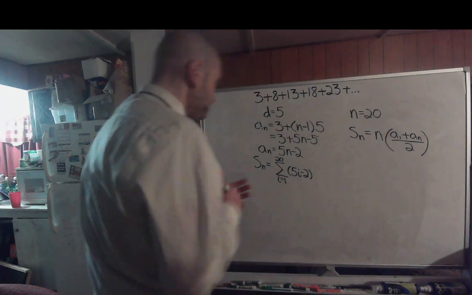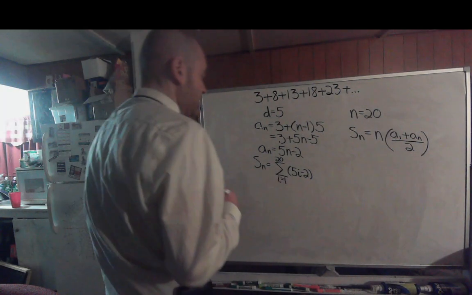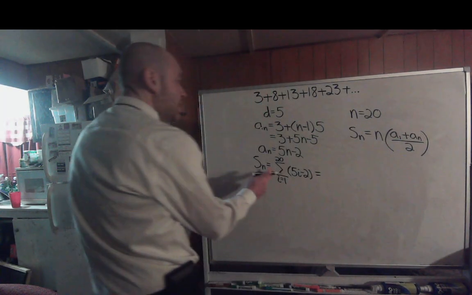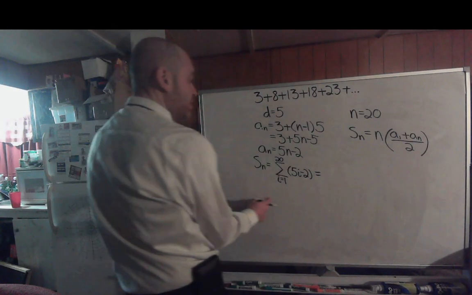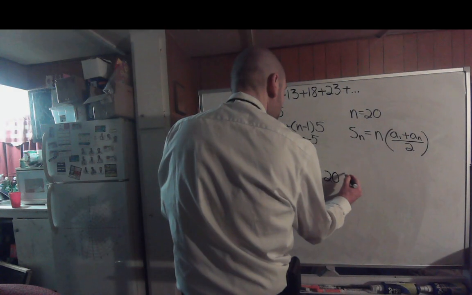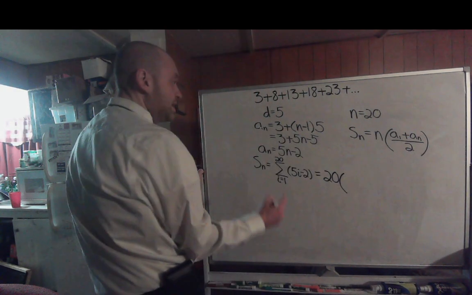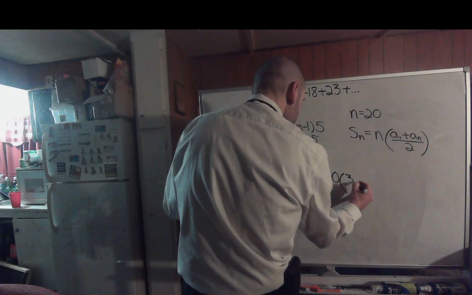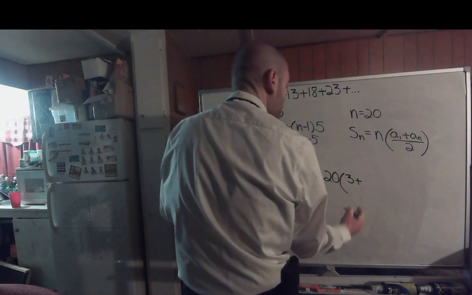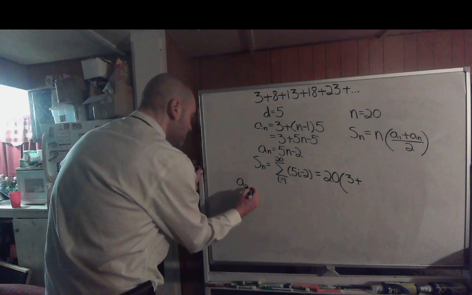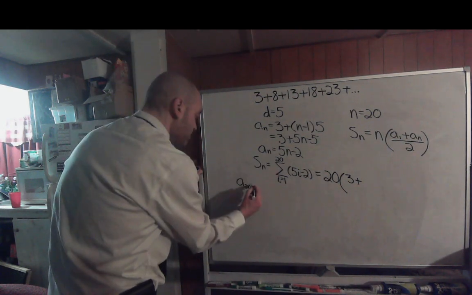So let's find this here. In this case, we're going to take 20 terms. So the sum would be equal to 20 times our a sub 1, which is 3. 3 is our first term, plus we need to find a sub 20. We can do that if we put it into our sequence formula, right?